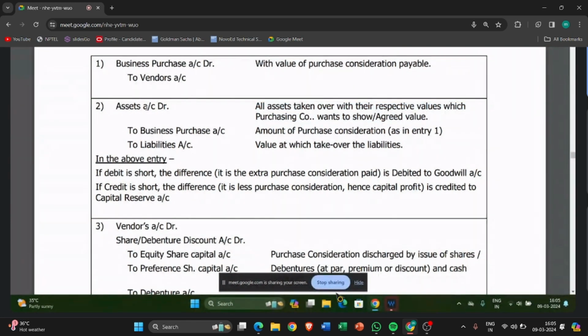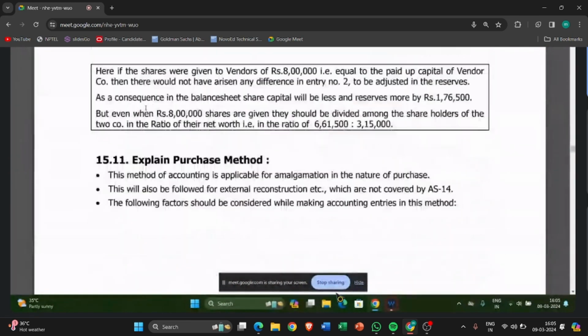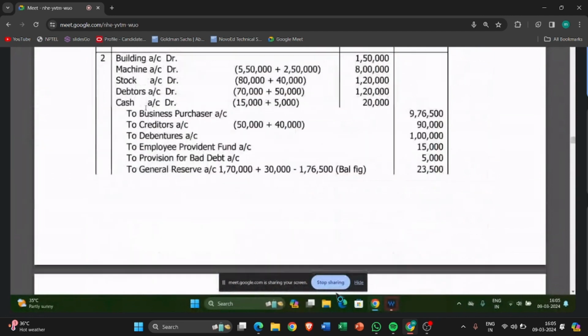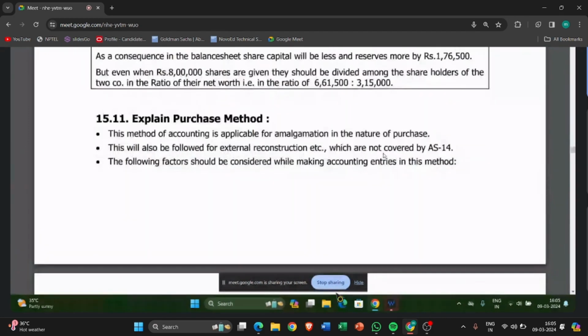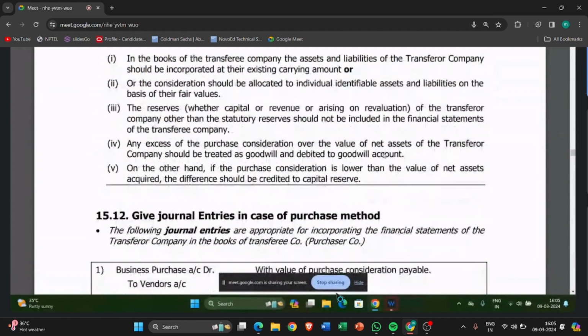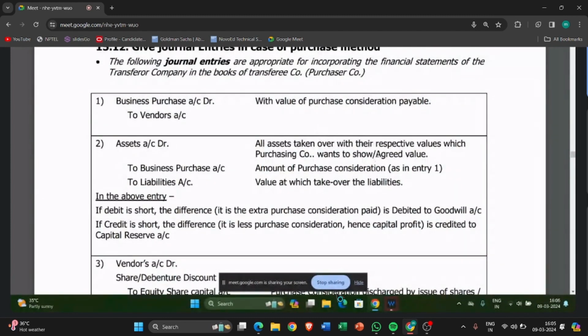What is going to change is the values. Here we wrote it that we didn't have any new values, so we wrote assets and liabilities at the balance sheet values itself. But now assets and liabilities will be incorporated not at the balance sheet values but at their agreed or revalued values. So at whatever value I'm taking over your machinery, I will record it at that value.